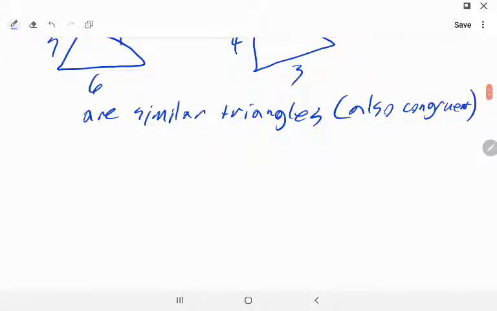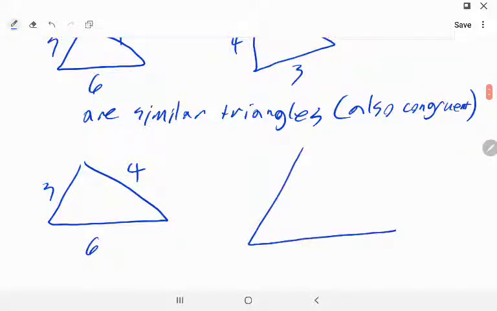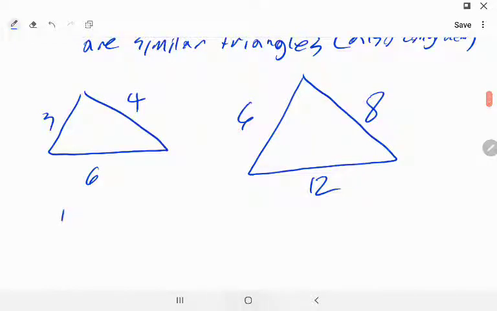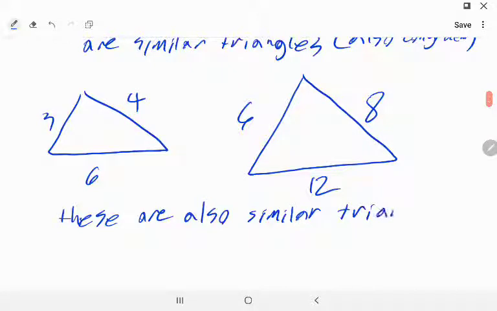What we also notice is that if we drew a triangle and said that one was 3, 4, 6, and then the other one was 6, 12, 8, these are also similar triangles.